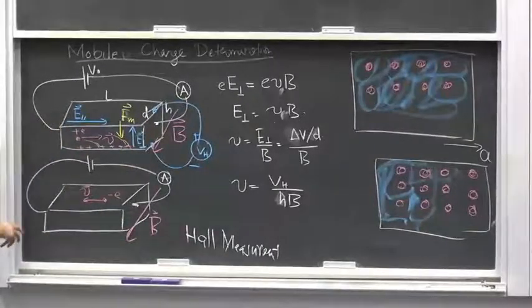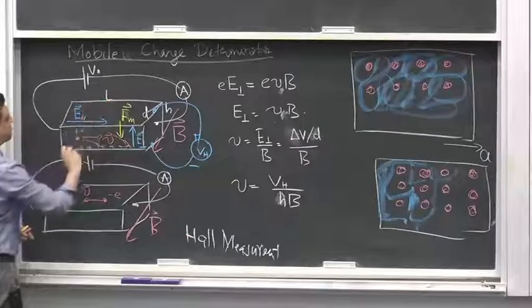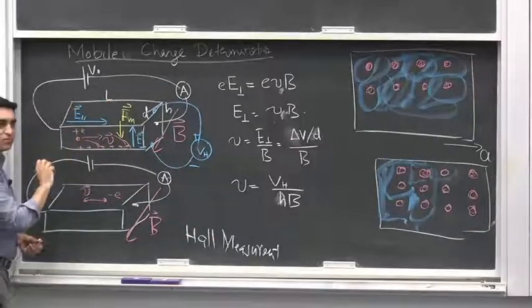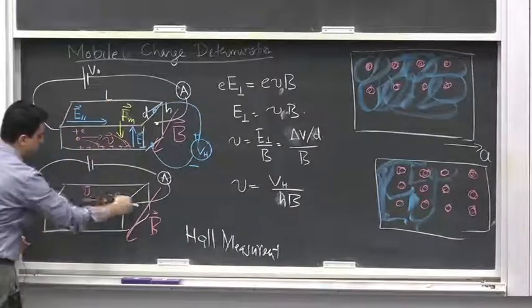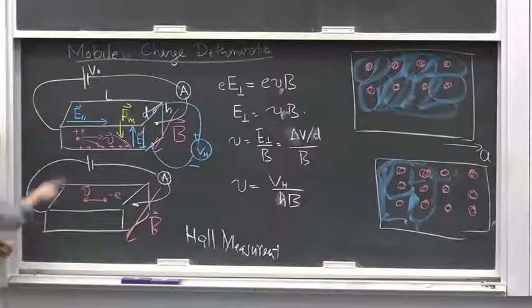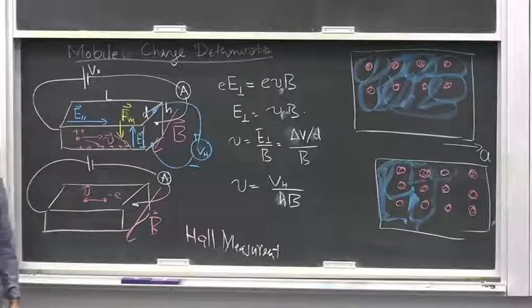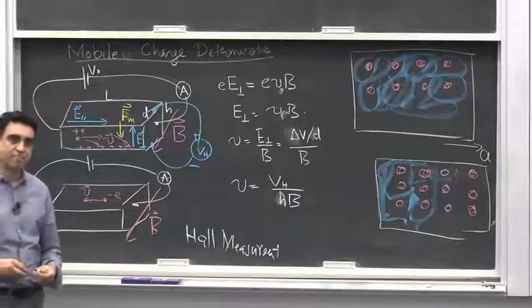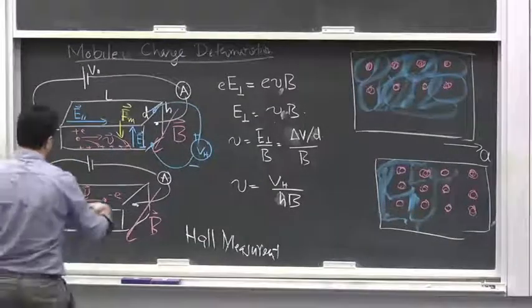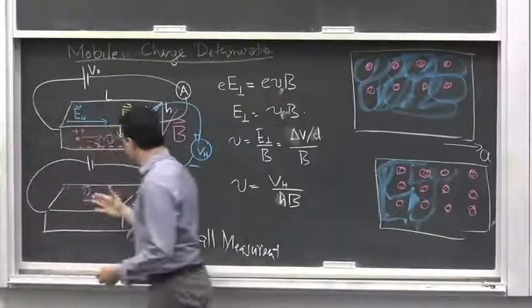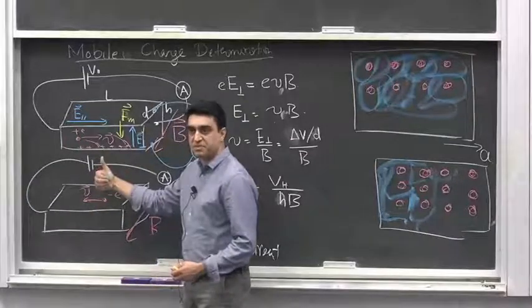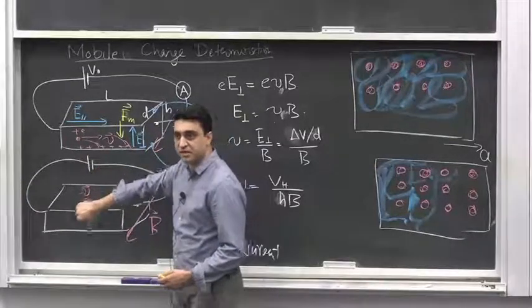Now the question is, let's say if those charges which are moving inside are negative charges, what would you see? You would see that those negative charges would be moving opposite to this electric field which is here, okay? So this would be the velocity of those charges. Now in which direction would the magnetic force act on them? So you have V and you have B. So V cross B is upward, but because the charge is negative, it would be downward.